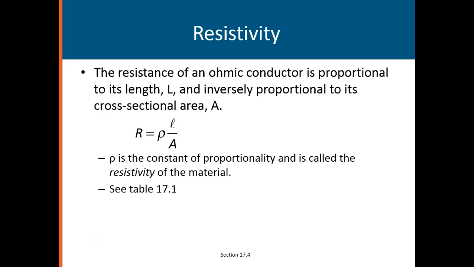What does that do to your resistance? Double the length, double the resistance. And therefore, what was the question? Which wire gets hotter? Double the resistance, that wire gets hotter. So that would be the longer wire, B.